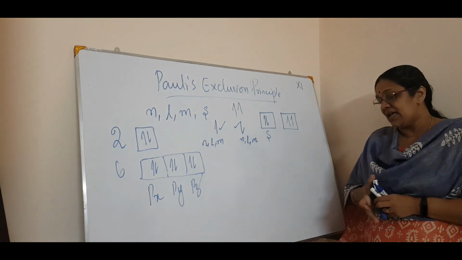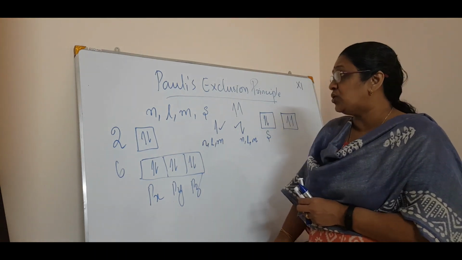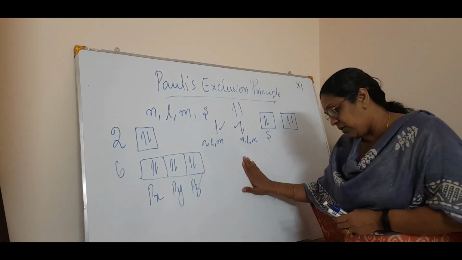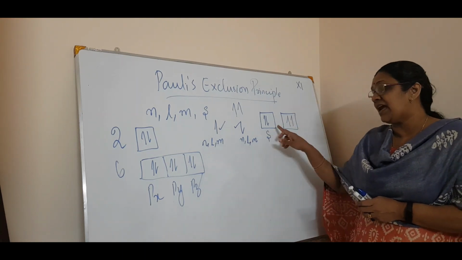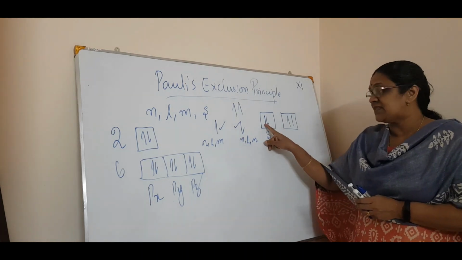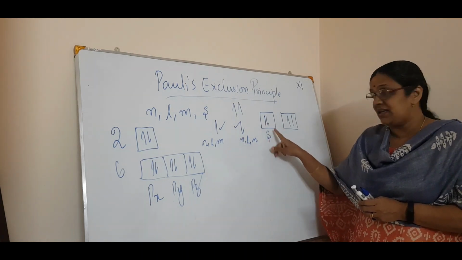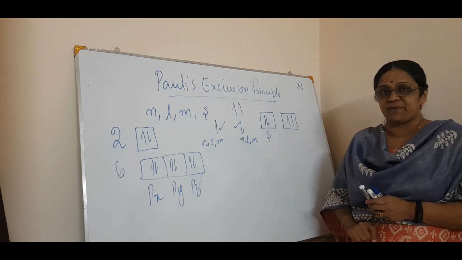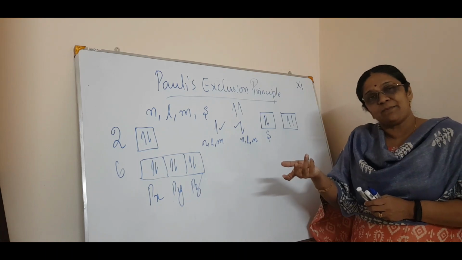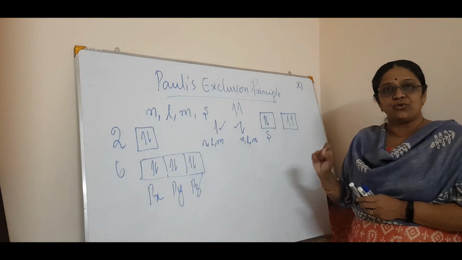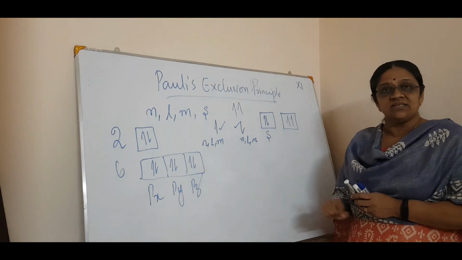That is Pauli's exclusion principle. That is, no 2 electrons can have the same 4 quantum numbers, or only 2 electrons can be accommodated in each orbital with opposite spin. All other quantum numbers can be the same, but you cannot have the same spin quantum number for 2 electrons in a particular orbital.